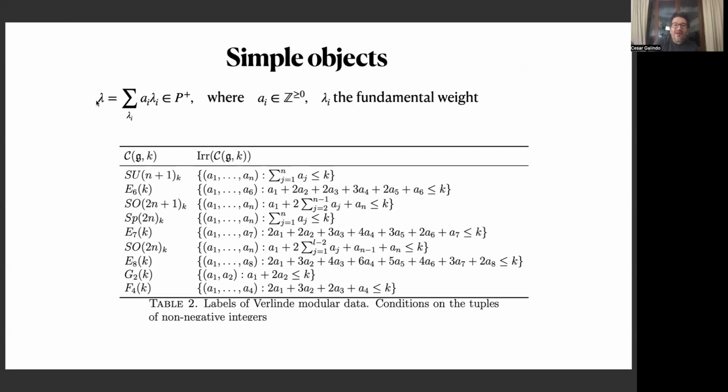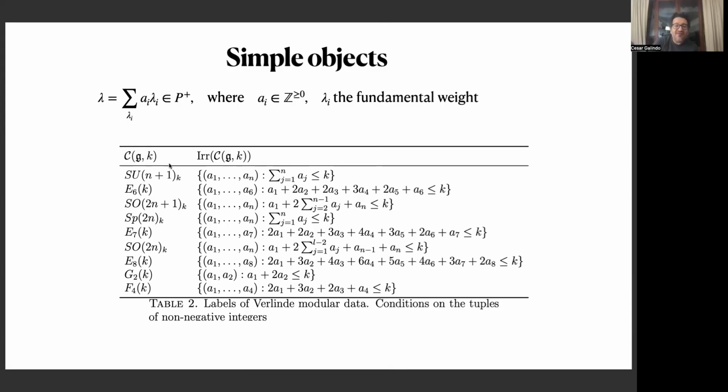If we take any positive weight here, we can express it as a linear combination of the fundamental weights. And in this particular case, we only need to consider non-negative combinations of the fundamental weights.